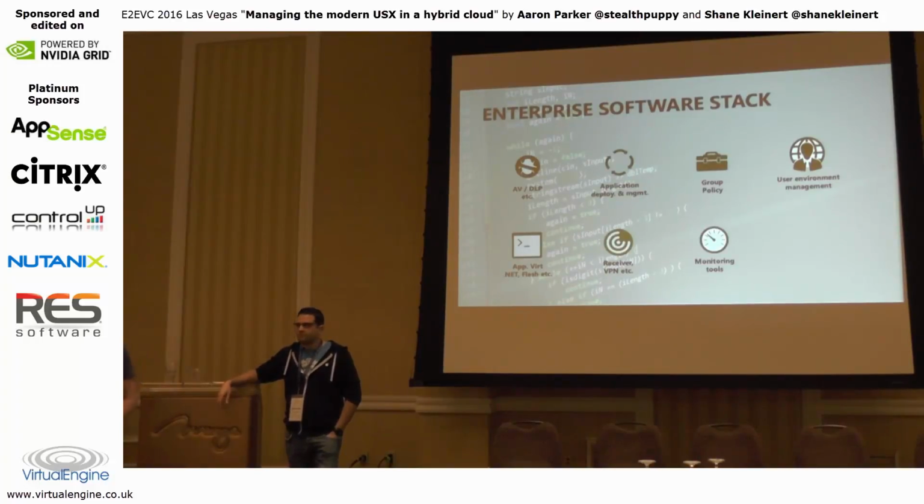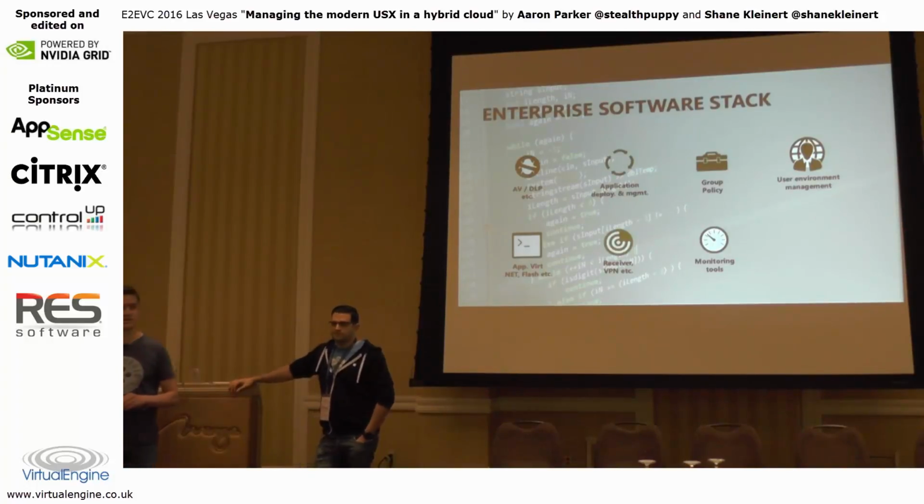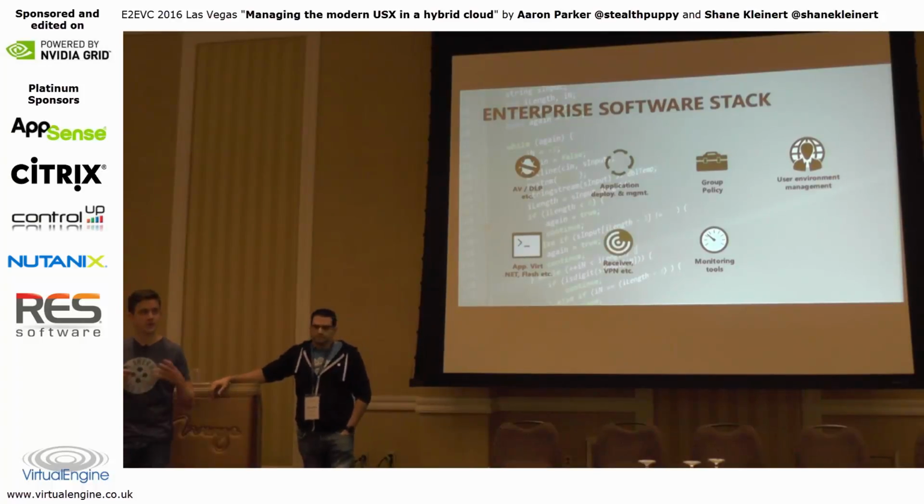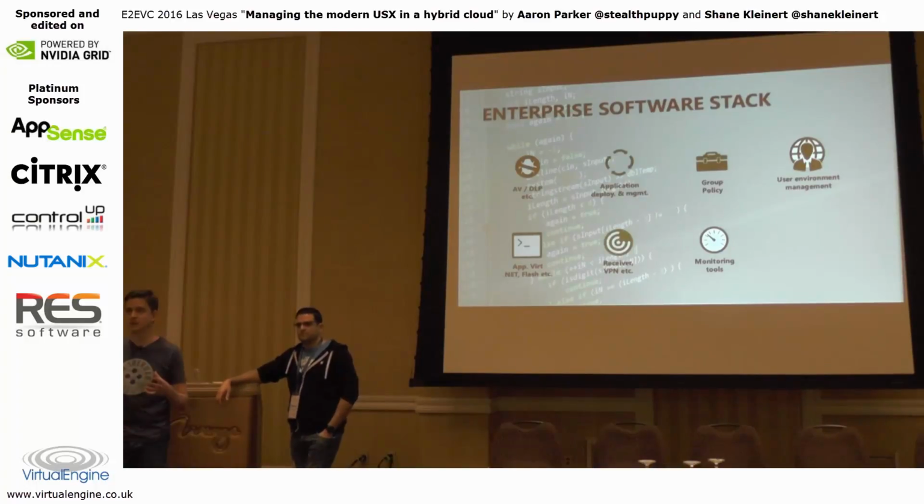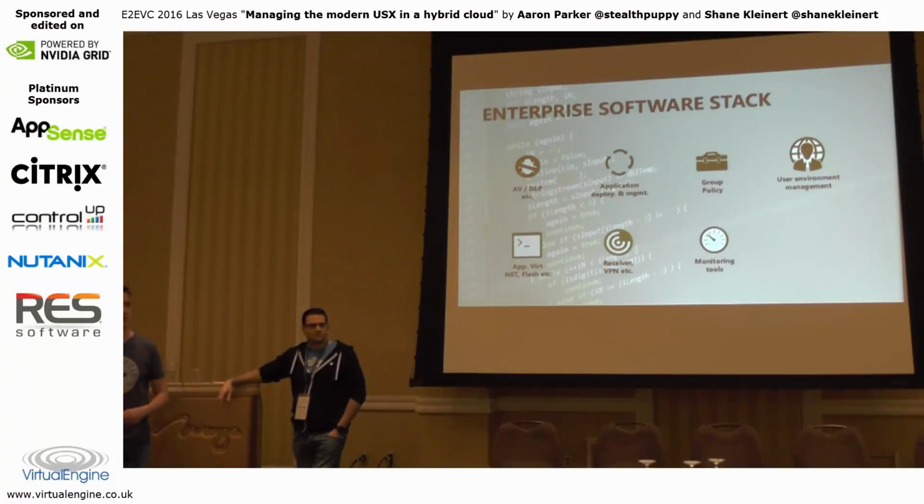Maybe some type of monitoring tools are certainly more prevalent in server-based computing and VDI environments, maybe not so much on physical desktops. And I hope that changes. I hope administrators see the value in actually monitoring the end-user experience on the physical endpoint as well, so they have real visibility into what's going on.